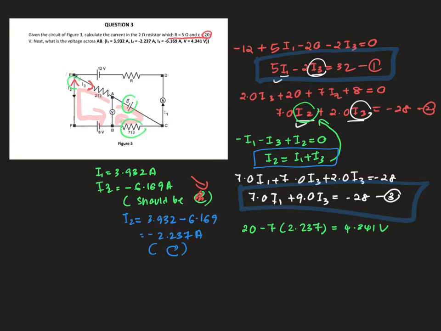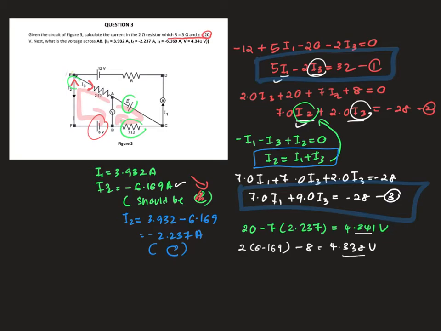Therefore, I'm going to get 2 multiplied by the I3 value, which is 6.169, and then minus 8, because it's moving from higher to lower. So I'm going to get 4.338 volts.